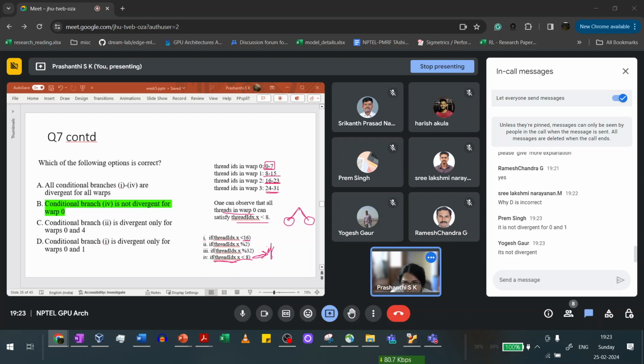It is not divergent for 0 and 1. Yeah. So if you evaluate this, condition branch 1 is less than 16, right? All of them will fall to one side for 0 and 1. Therefore, it is not divergent. So this becomes false. Yes.